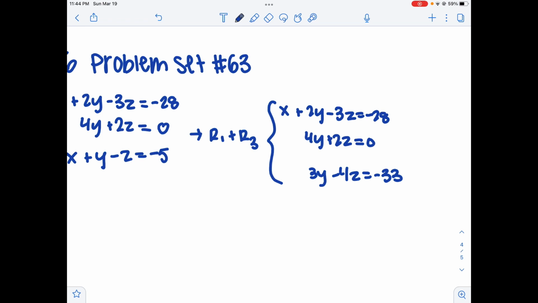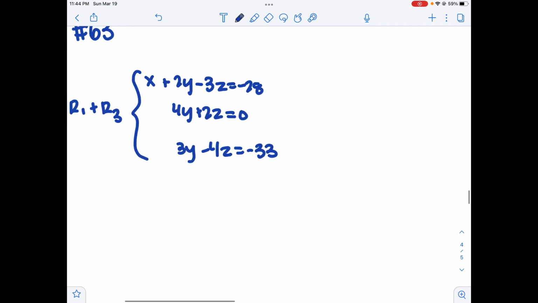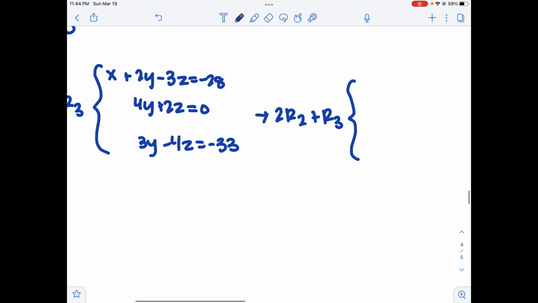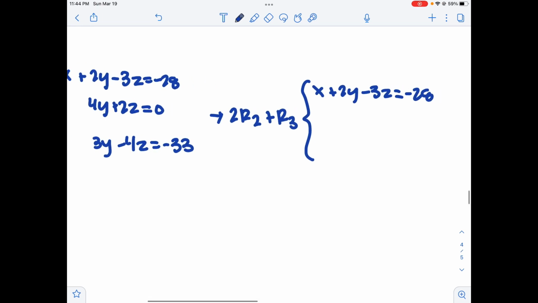What we want to do now is 2 times row 2 plus row 3. The first row stays the same, and the second row stays the same.